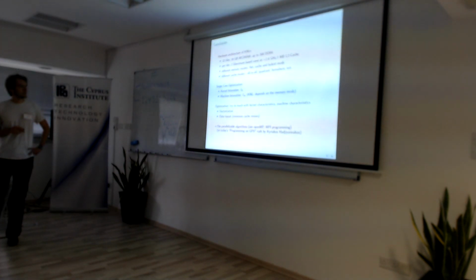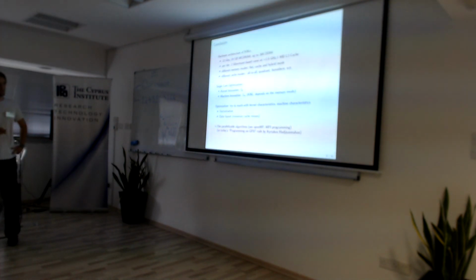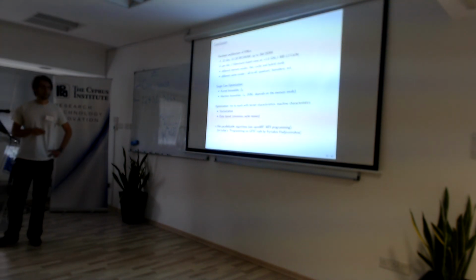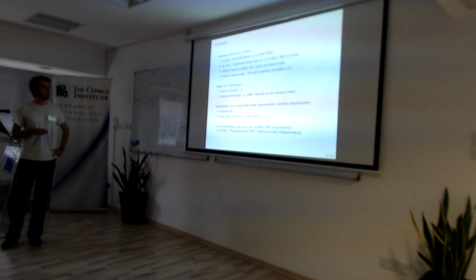Each tile consists of these 2 cores, with a clock rate of up to 1.6 GHz. Each tile has this 1 MB L2 cache. Then there are different memory modes available, flat, cache and this hybrid mode.